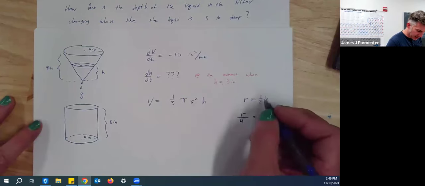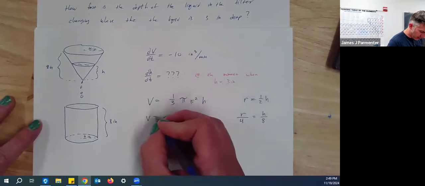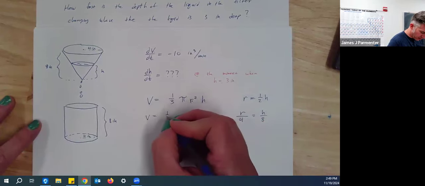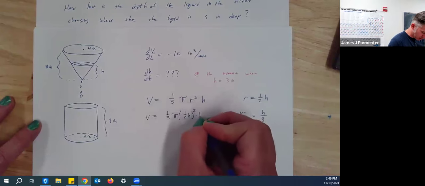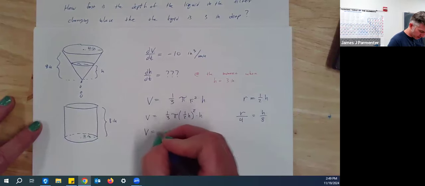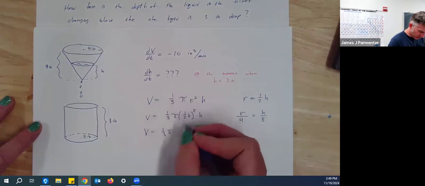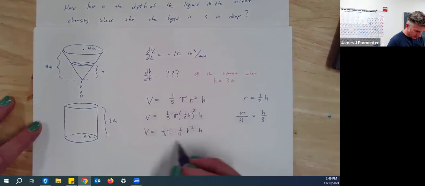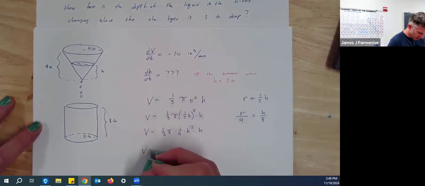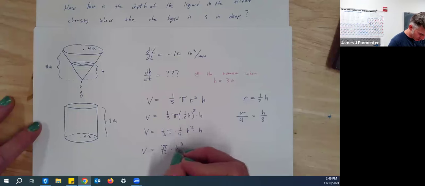Then we plug that in for r. The volume is 1/3 times pi times (1/2 h) squared times h. 1/2 squared is 1/4 times h squared times h, and 1/3 times 1/4 is 1/12. So the volume is pi over 12 times h cubed.